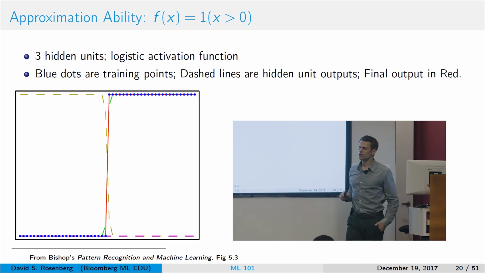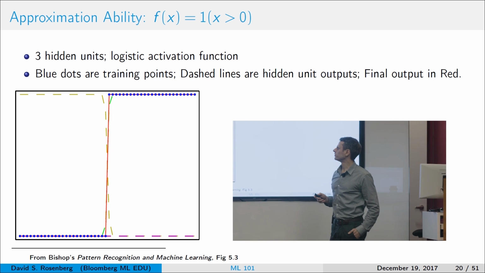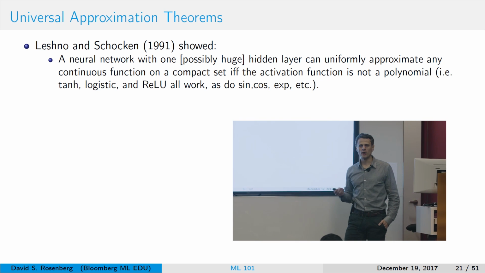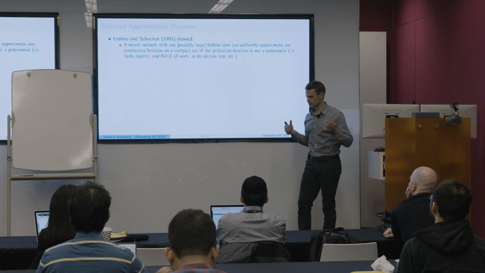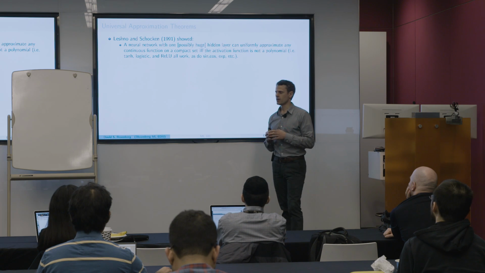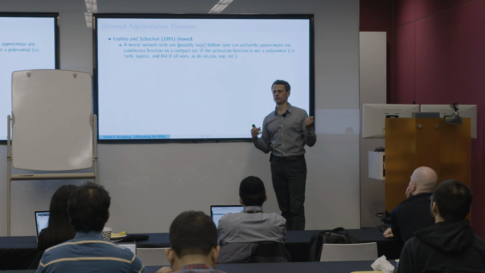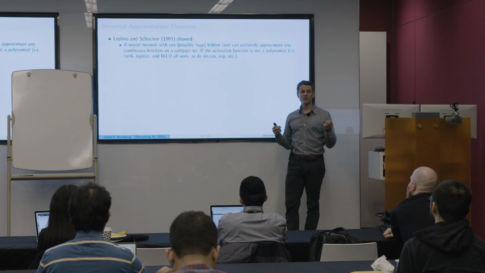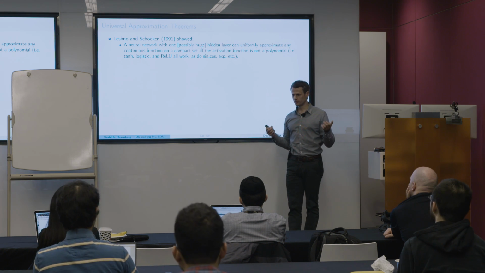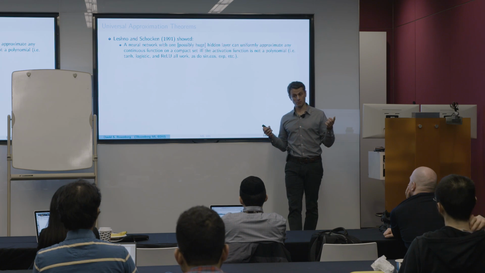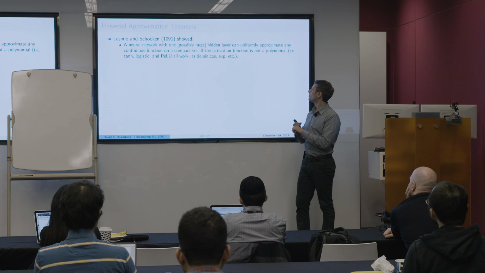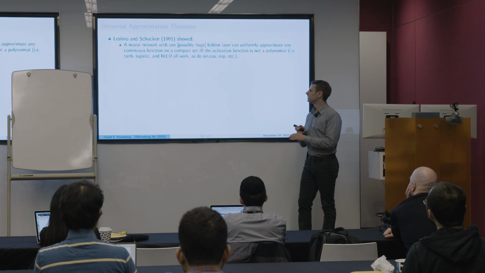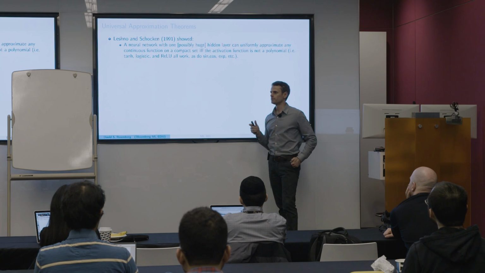All right. So there's a really nice theorem relating to these neural networks as we've described them, multilayer perceptrons. In words, what the theorem is saying is that for a huge class of possible activation functions, basically you can use any function that's not a polynomial. So you can't use linear, you can't use x squared, but you can use hyperbolic tangent, you can use ReLU, you can use sine, cosine, whatever.